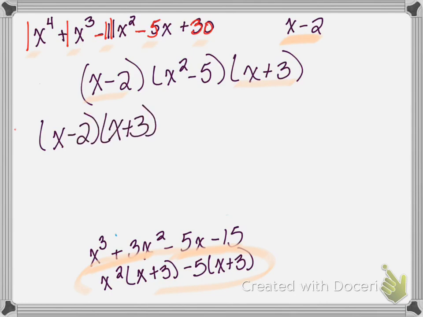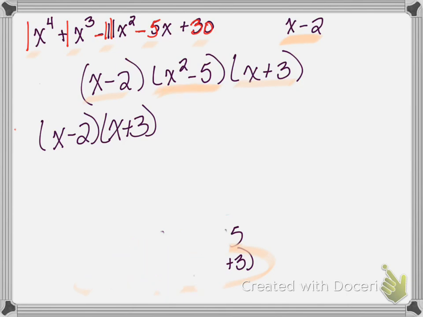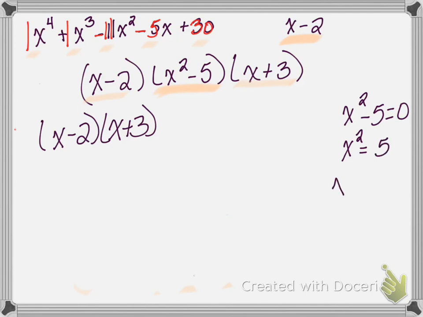You might be tempted to be done with this, but we actually can keep going a little bit with our x squared minus 5. I am going to set x squared minus 5 equal to 0. And when I do that, I get x squared equals 5. And that means that x is equal to plus or minus the square root of 5.